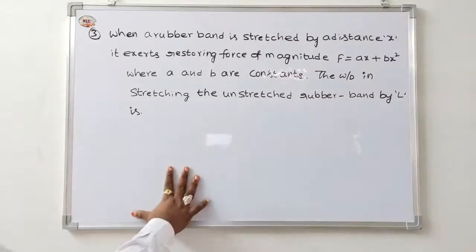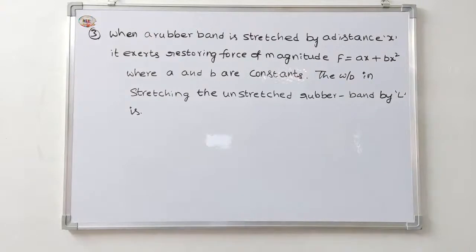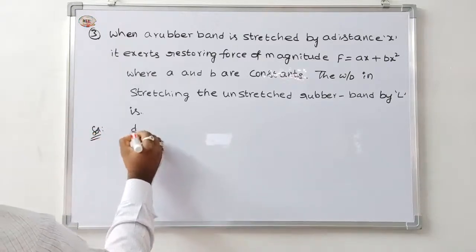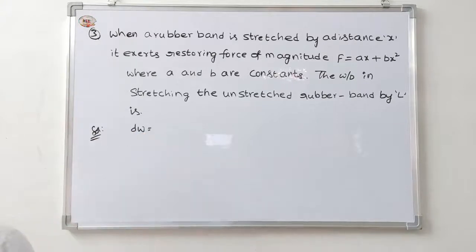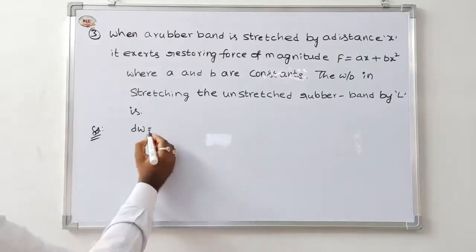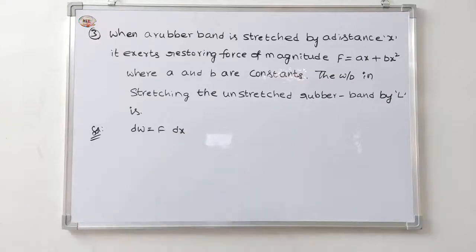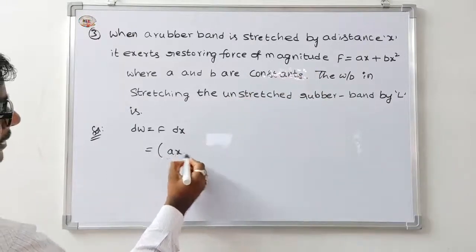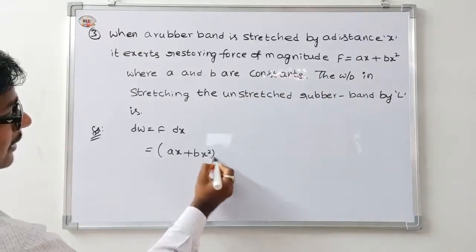Work done in stretching the rubber band by a distance dx, that is a change in length: dW is equal to F dx, where F is ax plus bx square, into dx.